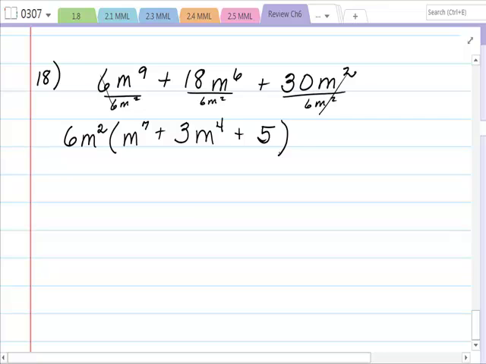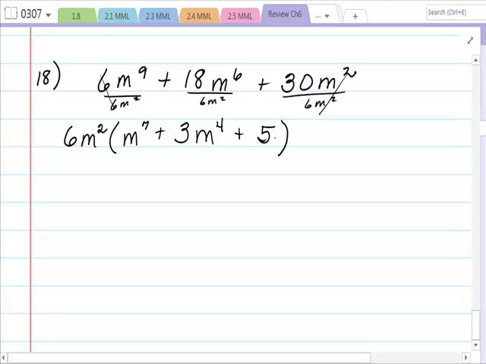Now, when I factor out a common factor, I need to always look at the new factor that I've created to see, can I do more? Now we know how to work with trinomials, but take a look at this trinomial. An m to the 7th, dropping down to an m to the 4th, and then to a constant. Have we factored anything like that?